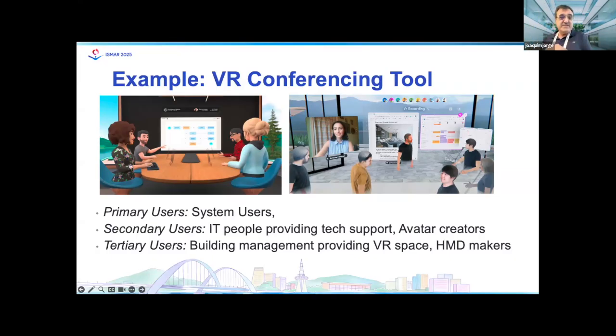And then we have tertiary users. Suppose we have building management, or the procurement people in an organization. Head-mounted display makers should focus on the characteristics: if I want to do video conferencing or VR conferencing or mixed reality conferencing on the go, what kind of equipment should we have to provide this?